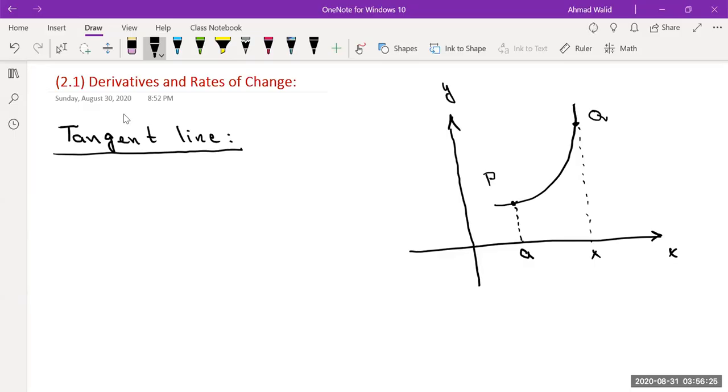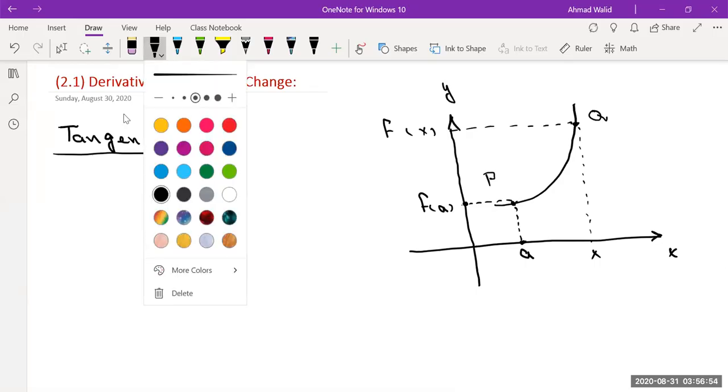Based on algebra, if this point is A, and I ask you how much is the value of A on the Y, definitely the answer is f of A. For example, if it's y equals x squared, it gives you 1, right? If this one is x, the coordinate on the y will be f of x, correct?